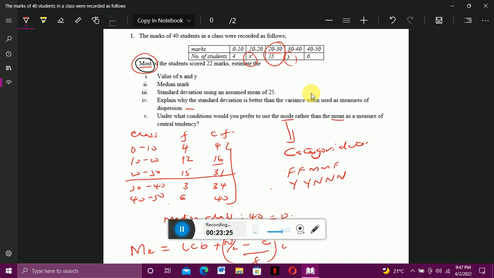In such a case, the average might not have a meaning, so we would prefer to use the mode as the measure of central tendency.